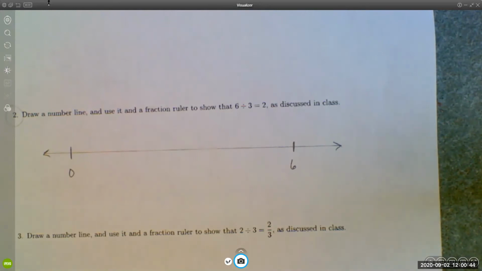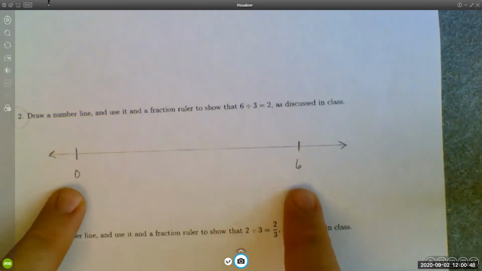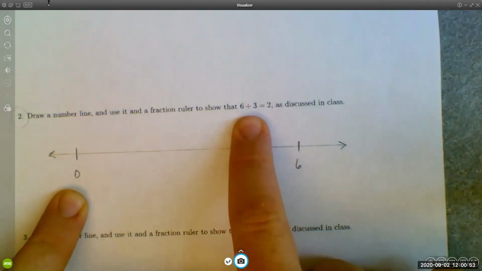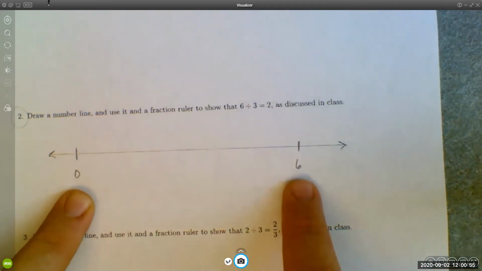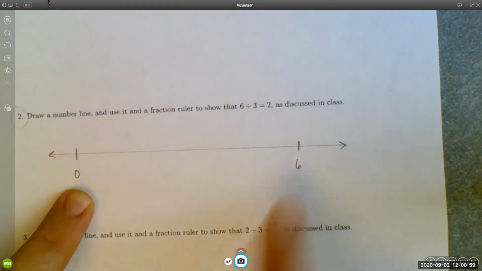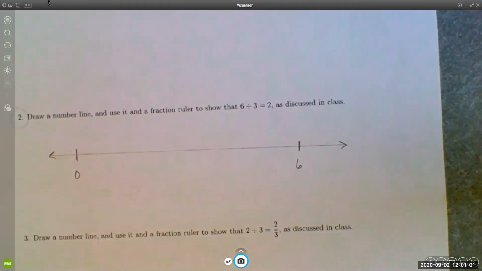And in order for me to know where 1, 2, 3, 4, and 5 are, I need to split this distance into 6 equal parts, okay? So I'm not doing 6 divided by 3 yet. I'm just trying to figure out where 1, 2, 3, 4, and 5 should be on my number line. I'm trying to get them perfectly situated on my number line here.